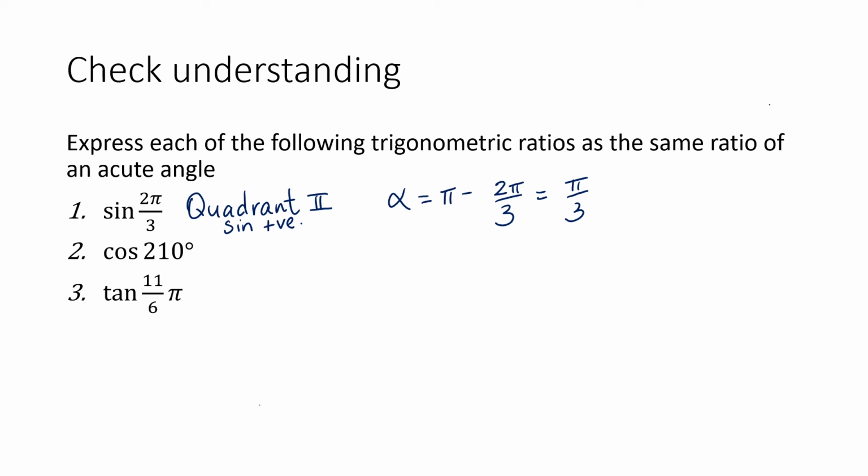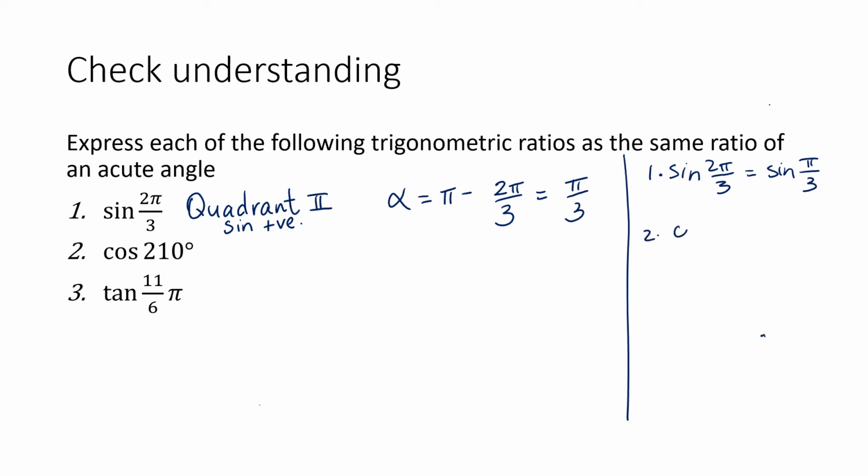So therefore, our answer, number 1: sine 2 pi on 3 will be the same as the sine of pi on 3, because the sign is positive in the second quadrant. Let's look at the second question.